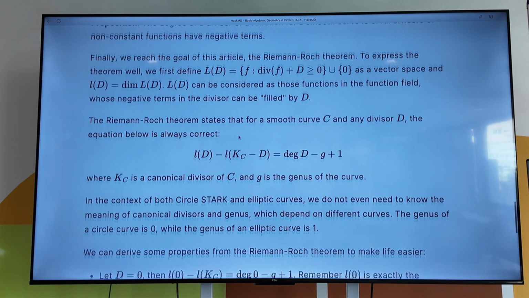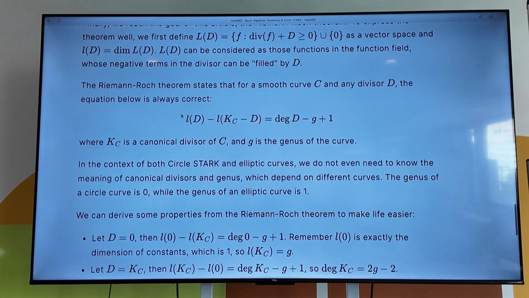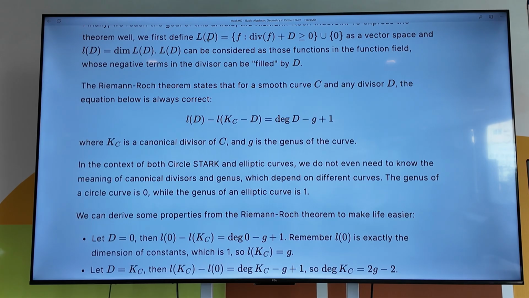And finally, the Riemann-Roch theorem states that we have some relationship between the dimension of L(D) and the divisor. L(D) is a vector space defined by a divisor, and the Riemann-Roch theorem says we have some relationship between the dimension of the space L(D) and the divisor itself.